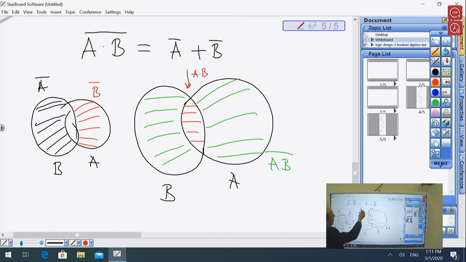You can prove this for three variables using Venn diagrams, but for four variables or more it will be difficult, and we will learn more methods to deal with logic functions if we have more variables.